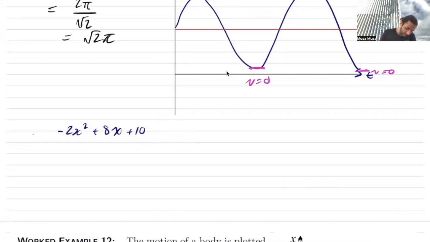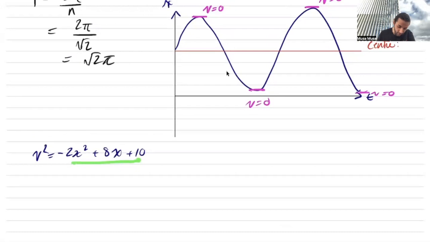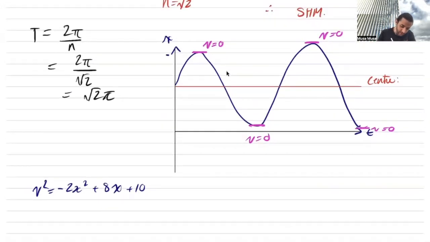Remember, this is my v squared equation. So if I set v to equal 0, the x values which I'll be solving for will correspond with the upper and lower extremes. Does that make sense? I really hope it does. Because we know that v equals 0 there, because the gradient equals 0, we can always make this deduction.